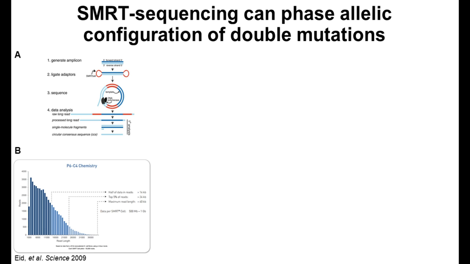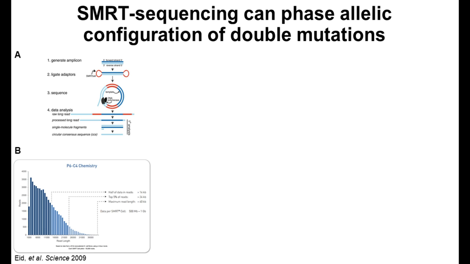This is a very important technical point, that this sequences amplicons of circular DNA, because the vast majority of DNA that we send for sequencing in the laboratory is linear pieces of DNA. And of course, a DNA polymerase molecule can sequence that linear piece of DNA, but then it will fall off. And what this sequencing technique allows for is multiple tens of thousands of reads of circular pieces of DNA. And this technique, shown in panel B, can sequence up to 30 kilobases of DNA, an extremely long length of DNA, in a single read.